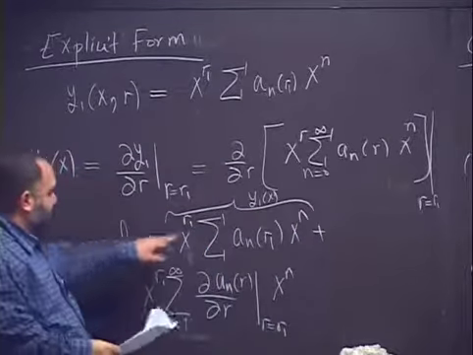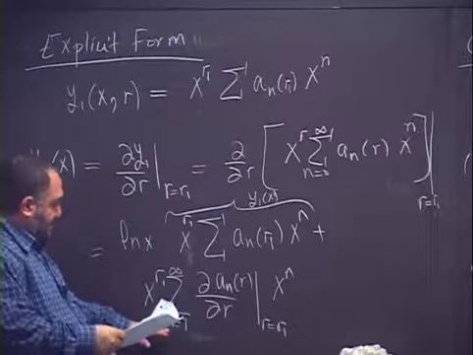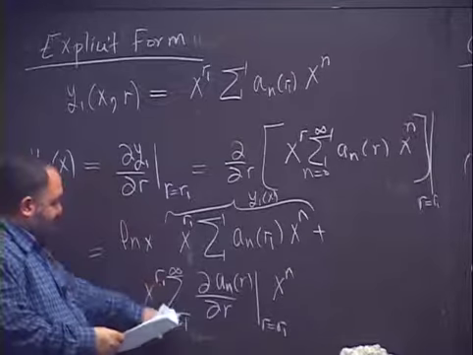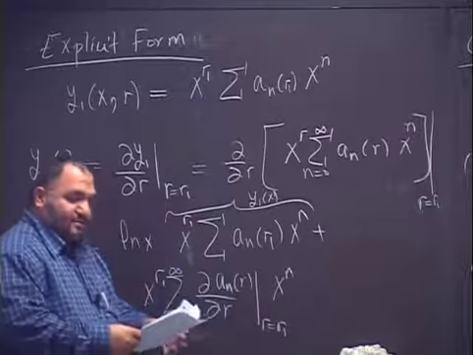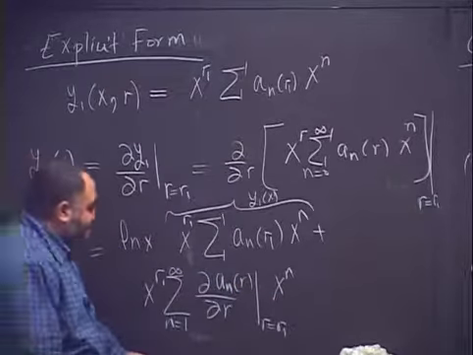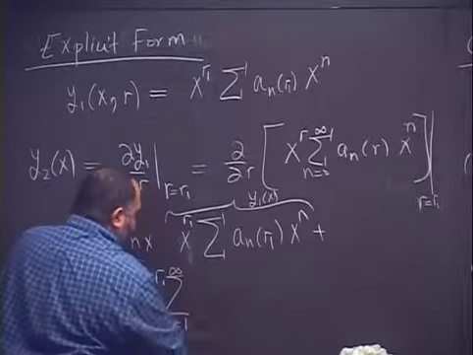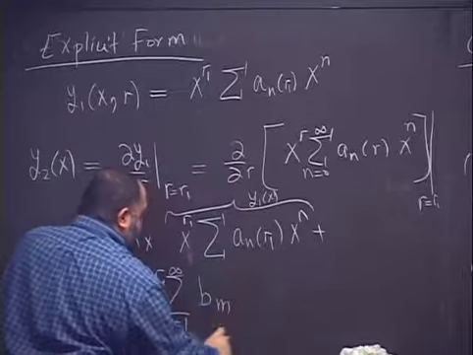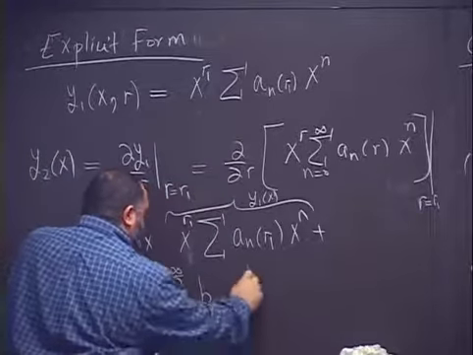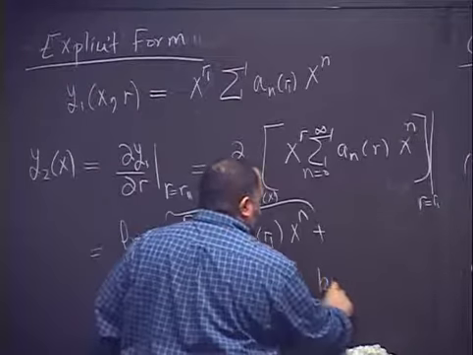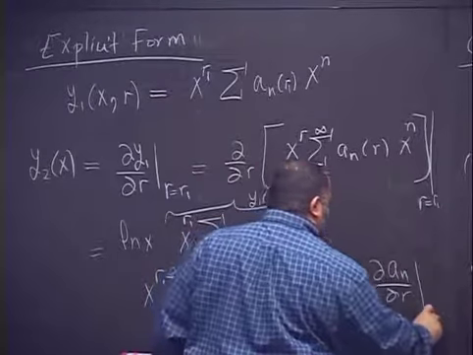So it is ln x y1 of x plus x to the power of r1 summation of this term multiplied by x to the power of n. So we can remove this one and we name it b_n x to the power of n, where b_n is just d a_n by dr evaluated at r equal to r1.